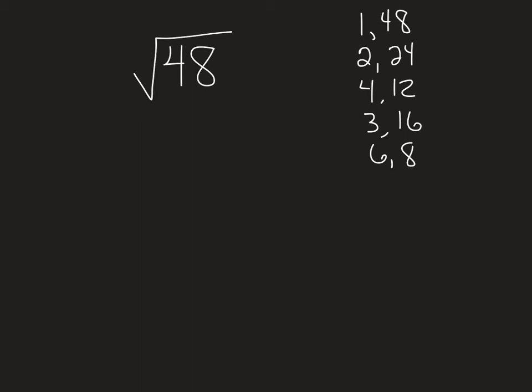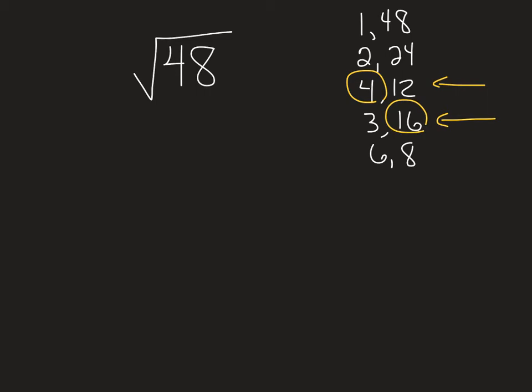But let's find the set of factors that's going to have the biggest perfect square. So let's check it out. That one looks promising because I can take the square root of 4. This one right here looks promising because I know what the square root of 16 is. So I'm looking at those two.